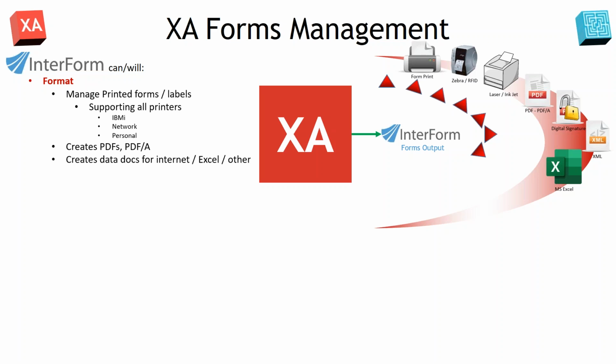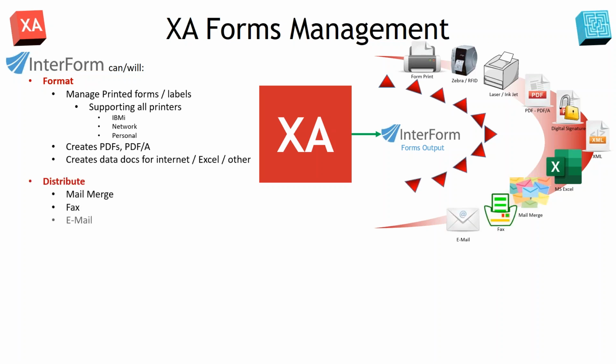We can put this any way you like and send it out as data, not necessarily just as a form. So now we've printed it, we've created the PDFs, we have created the data form, now we can distribute it. We have multiple methods. You can send it directly to email. You can send it directly to fax. These things can be automated. If you want to put in a mail merge of some sort, we can do that too. All of those capabilities directly out of the system.